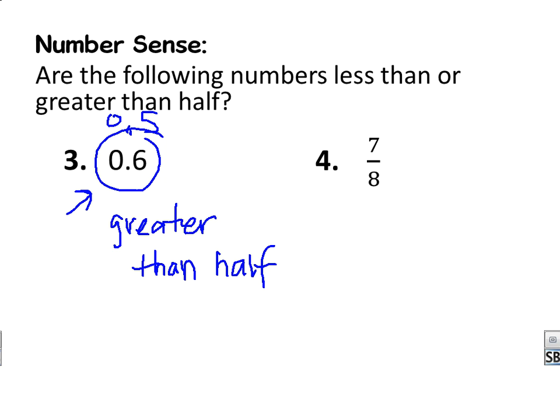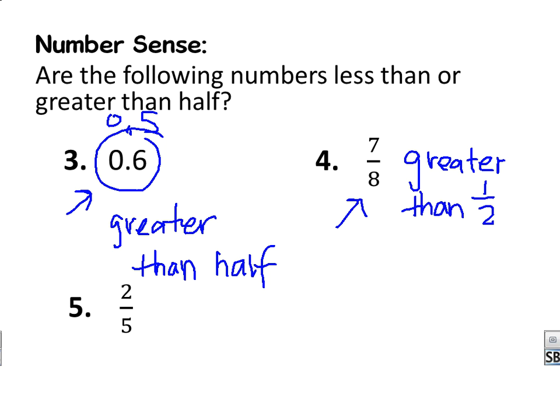How about number 4, 7/8? Is 7/8 more than or less than half? Take a moment. Hopefully you guys all said more than again, or greater than half. If you look at 7/8, think about it. 7/8 is almost 1 whole, so we know for sure that 7/8 is greater than 1/2.